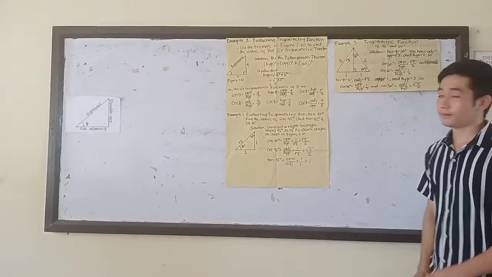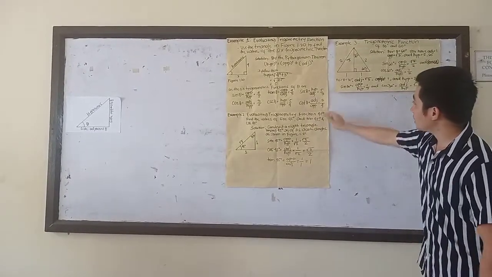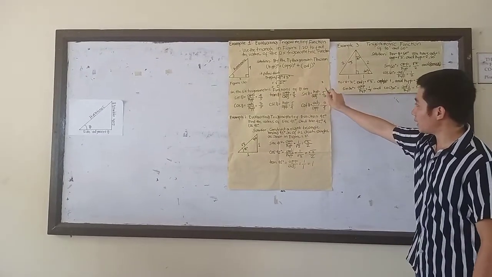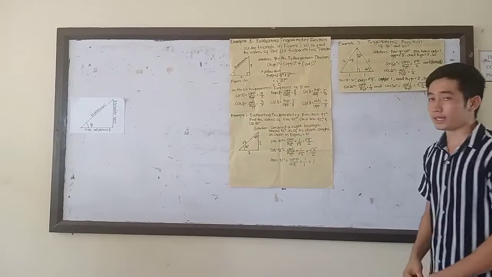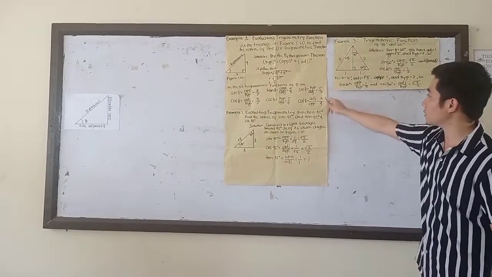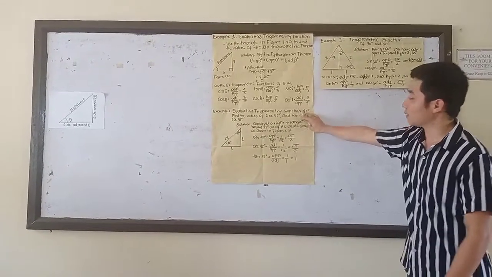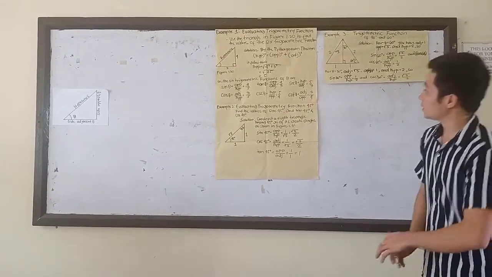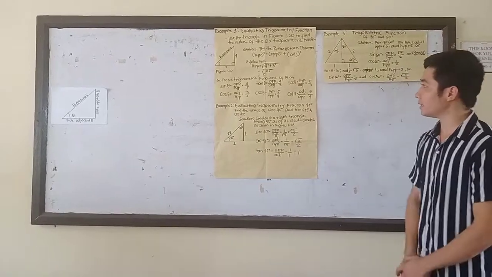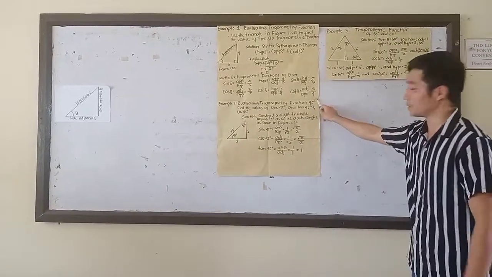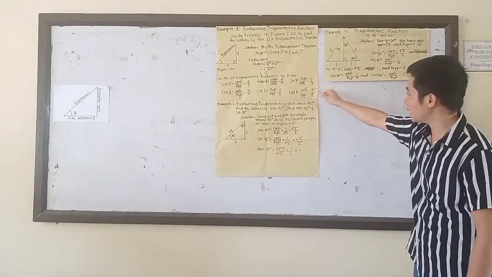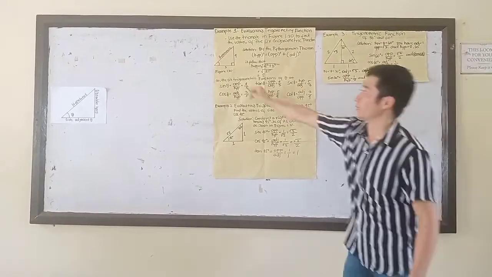Secant theta equals hypotenuse over adjacent, 5 over 3. And last, cotangent theta equals adjacent over opposite, 3 over 4.